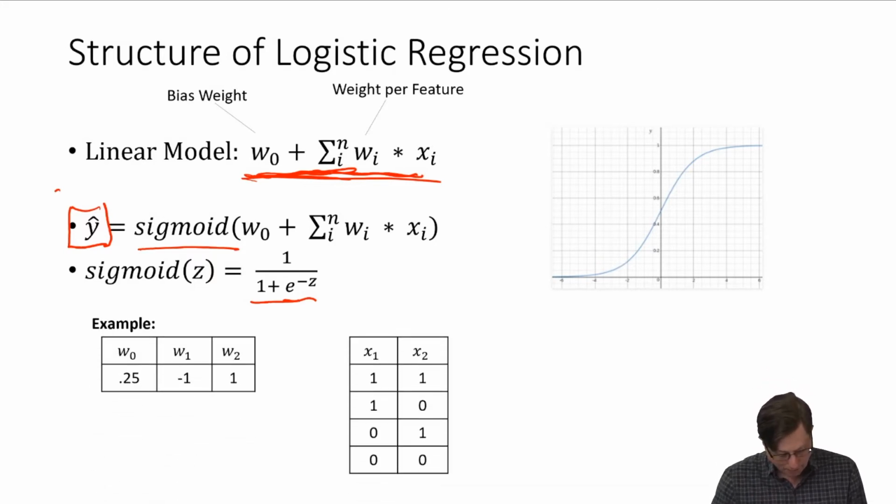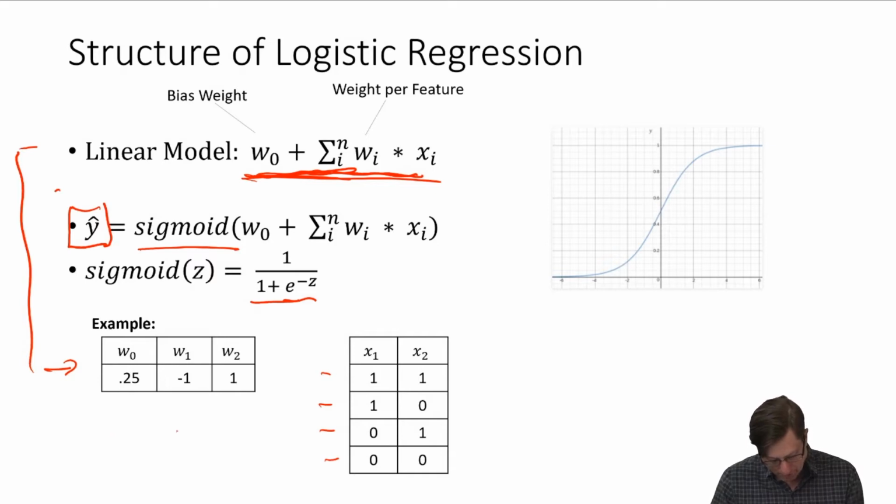So here's an example. If we have this as the linear model, and here's some test data, we want to say, well, what would this model say on this test data? So weight 0 is 0.25.